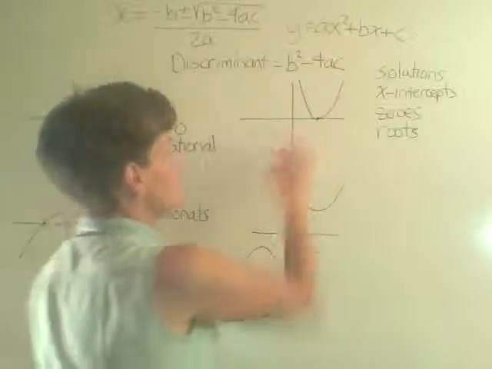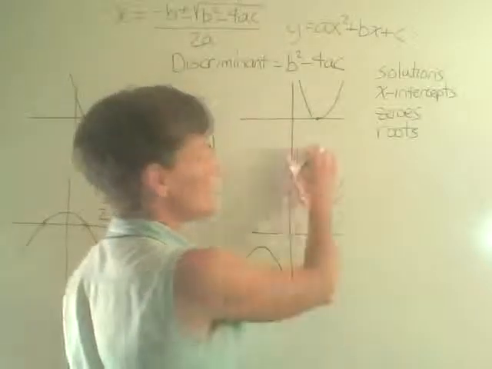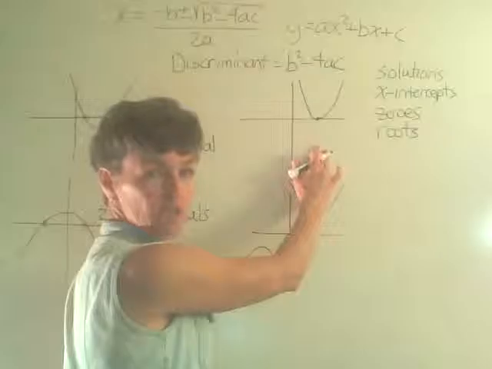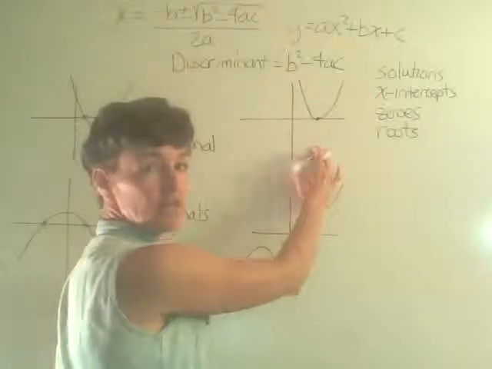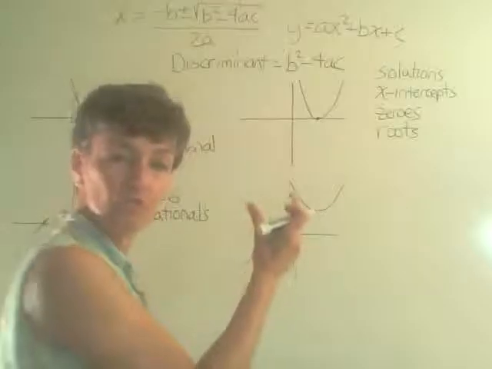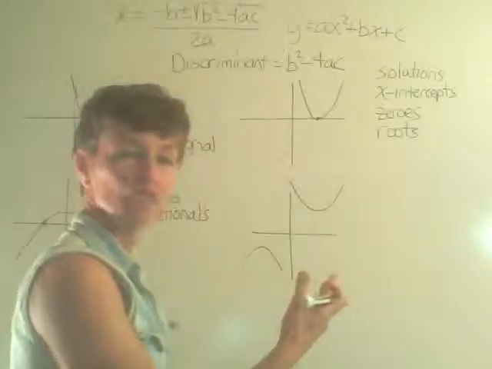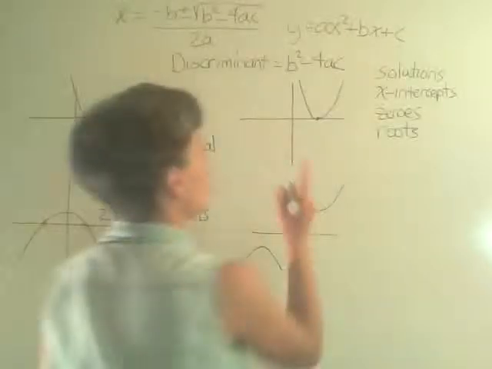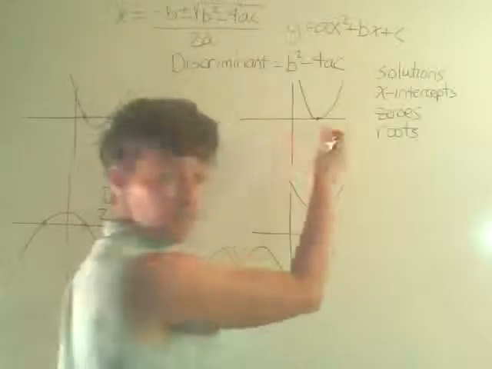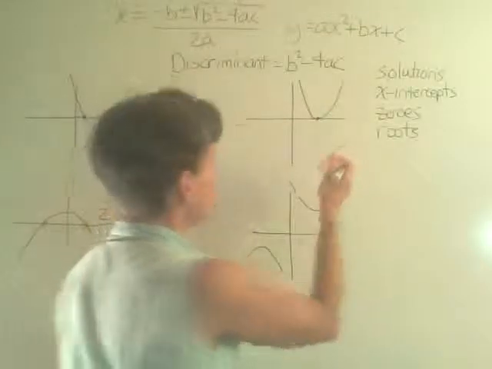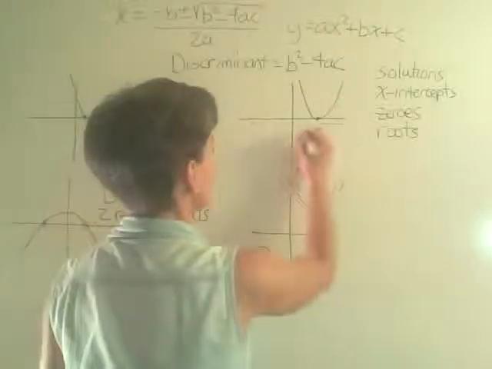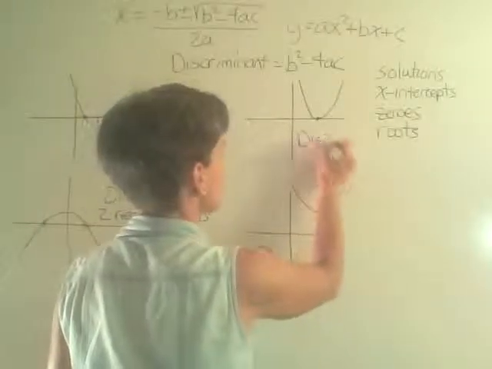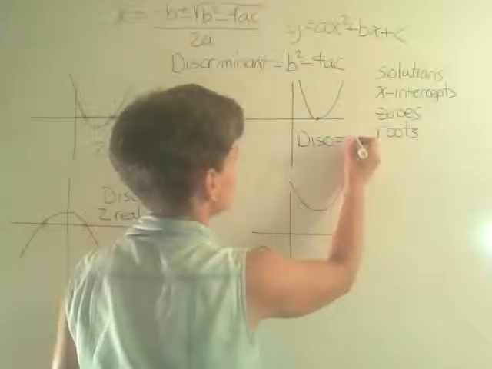All right, well, for this one, this is actually what perfect square trinomials look like. Because a perfect square trinomial has two identical factors if you factor it, and so you get the same answer twice. We say we have one repeated solution. Well, then where does this come from? Let's suppose that my discriminant is equal to 0.